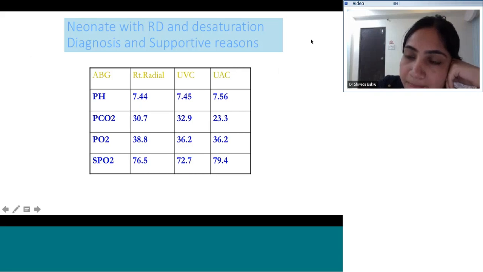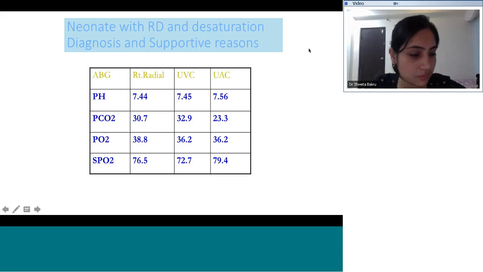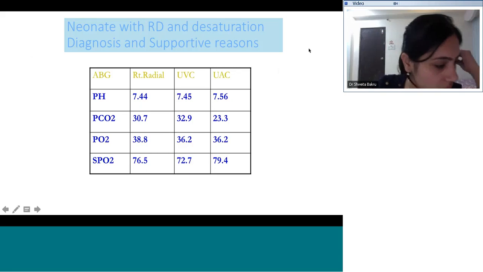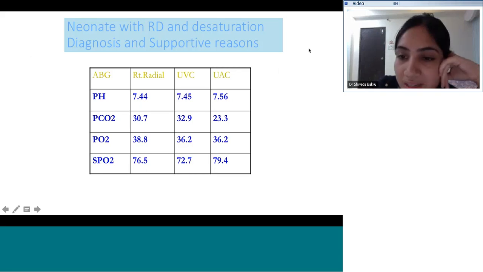This patient is on a ventilator. I think we have hardly 5 more minutes to go. The baby is on a ventilator. Yes, there is a cardiac disease. So what is the most likely cardiac disease?